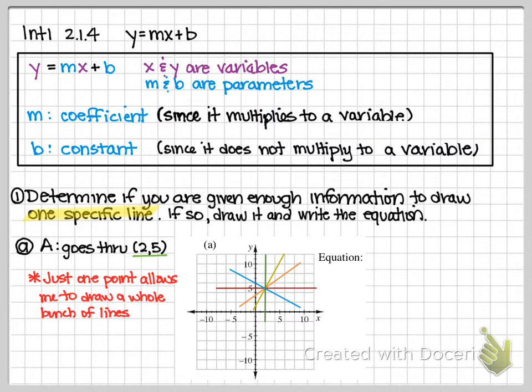Which means there's no one line. Which means over with the equation, this can't be done. There's too many choices.